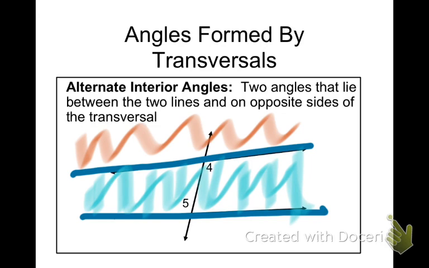Exterior would be out here. See the difference between the two? Interior, exterior. So for me to have alternate interior angles, I need my angles to be in the interior, so in between the two lines, but on opposite sides of the transversal. So 4 and 5 right now would be alternate interior angles.